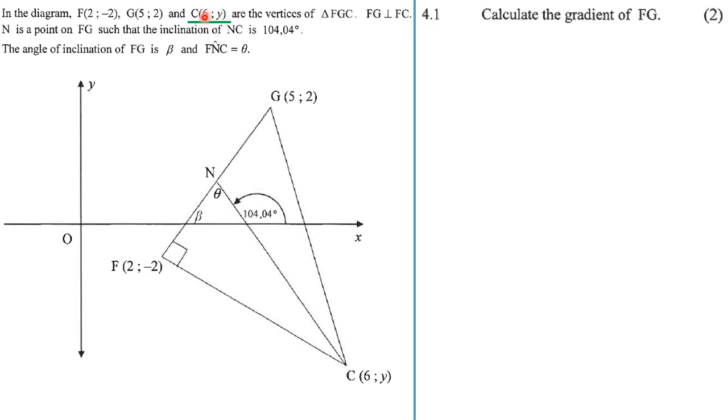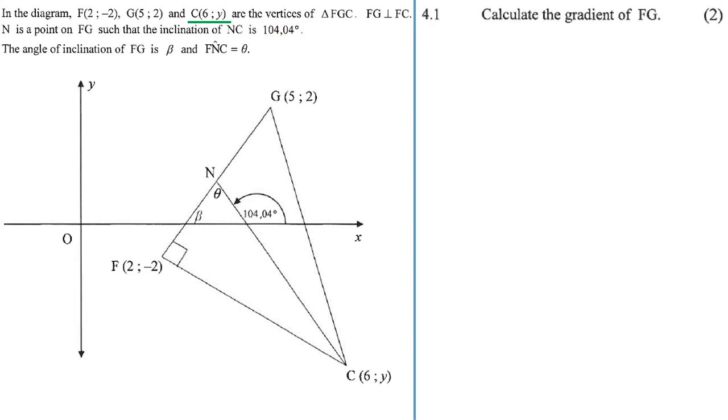We are expecting a question that says we must determine the value of y, and the value of y that we get will help us know the coordinates of C. Then when we know the coordinates of C, that will help us answer a particular question. Understand? That is the first thing.